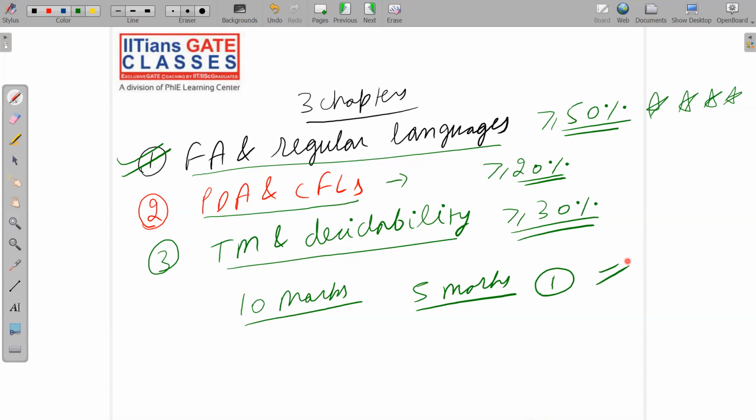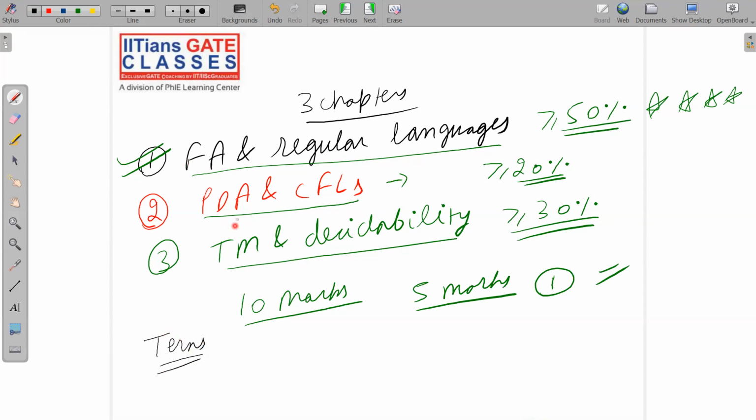In the next lecture, we will study what exactly we will study in the first chapter, and some basic terms and basic formulas which we are going to study in this subject. In the next class itself, we will first study a few basic terms, like string, language, and so on.